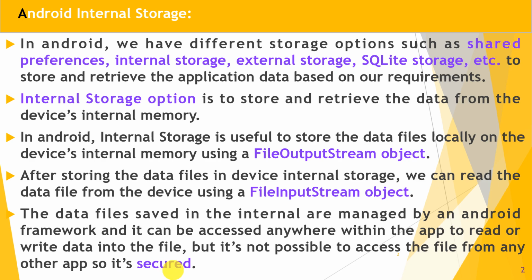Great guys, so file handling, that is internal storage of Android, is also a secured one because the file which we have used in any app is accessible to that app only, but it is not possible to access the file from any other app. Great, so file handling or Android internal storage option is also a secured one.